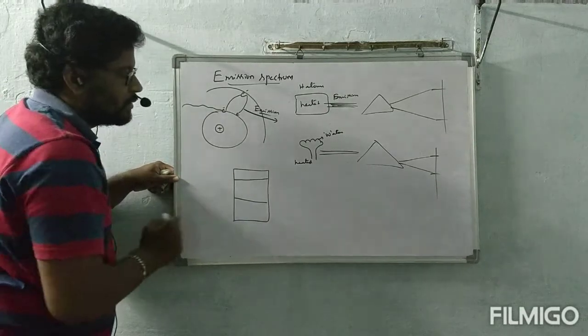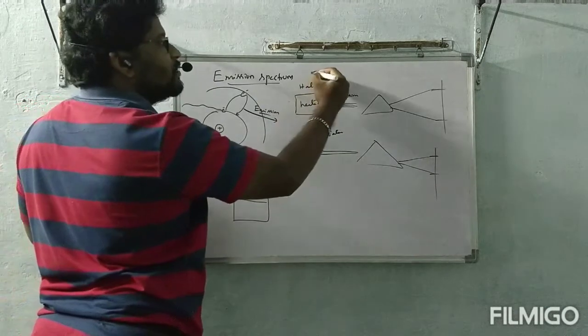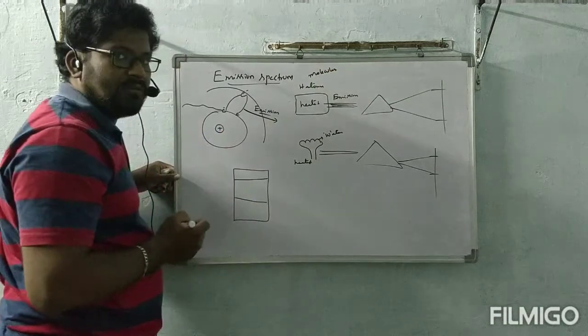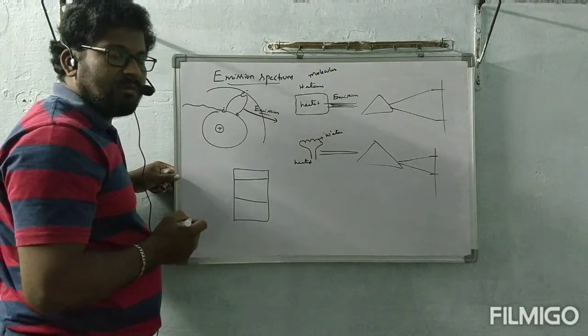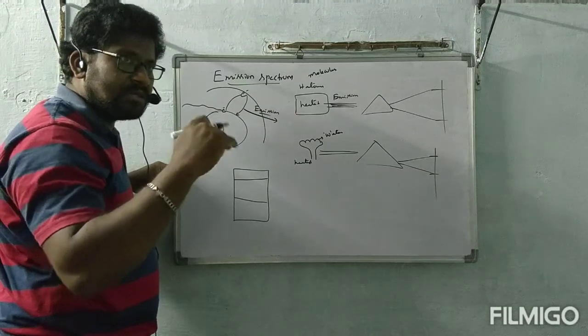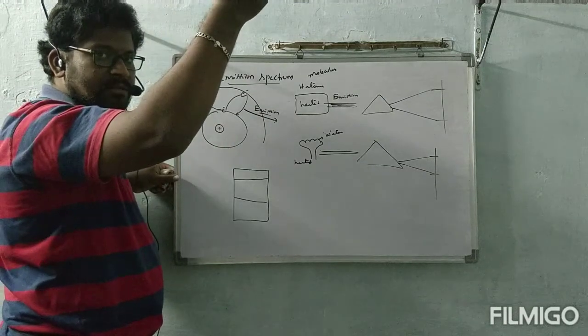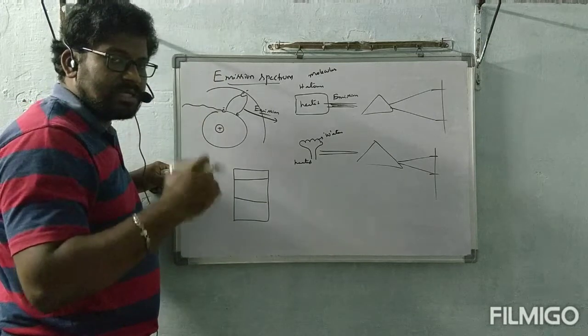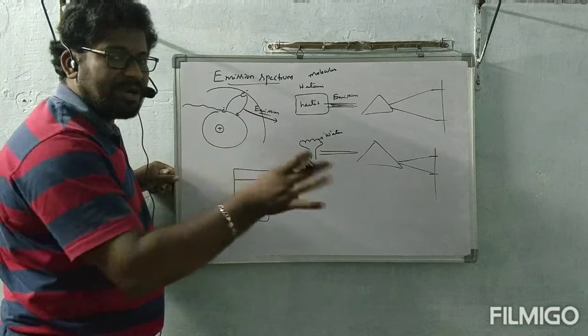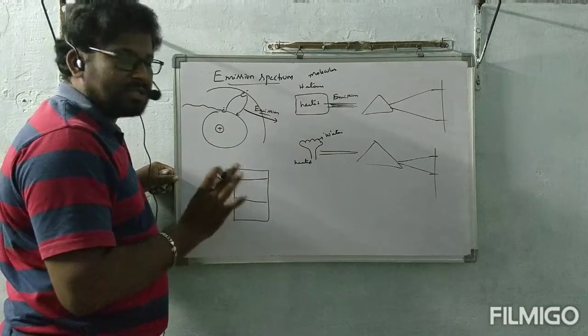Now instead of atoms, if you take molecules, which are groups of atoms, at a time 3 or 4 electrons will be excited to higher energy. Again, they will come to ground energy and release more energy, which is passed through a prism.